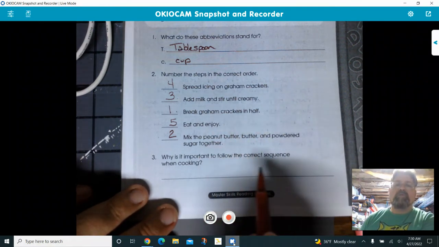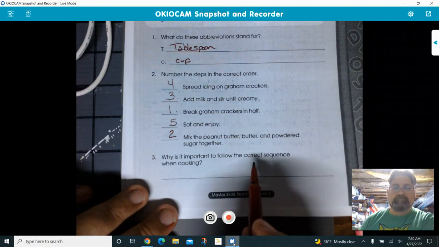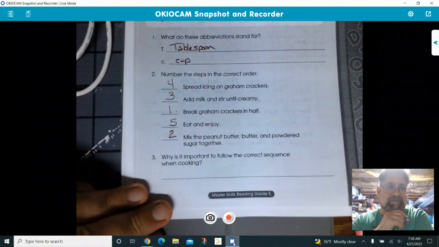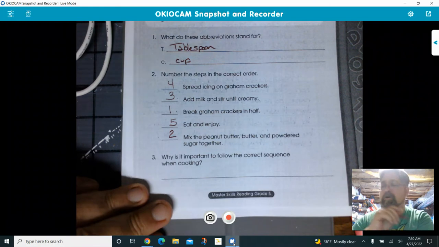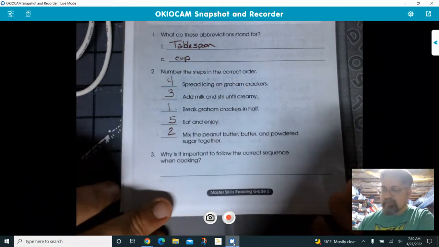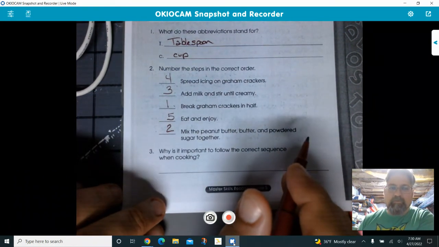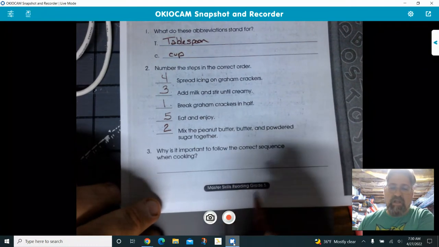So if you don't follow the correct steps, it's kind of like when you're doing math. If you don't follow the right steps in the right order, are you going to get the right answer? No, not at all. So if you don't follow the steps in order, the whole project falls apart.